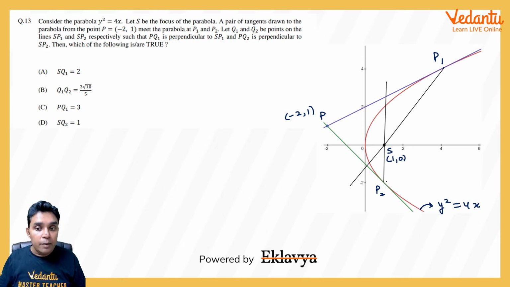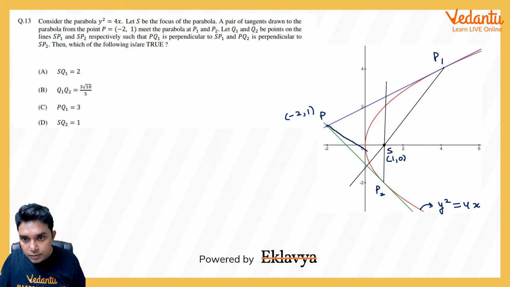We could have taken P1 down and P2 up also. Now if I look at this line SP1, then we are drawing perpendicular PQ1 on it, which will be something like this. And similarly PQ2 is the perpendicular to SP2. So this is how these perpendiculars would be, and we have to find these lengths SQ1, SQ2, etc.